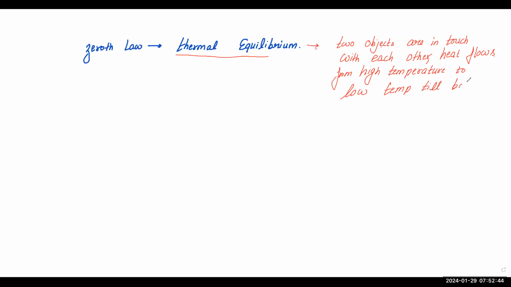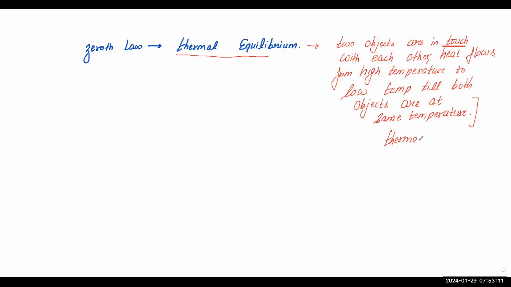Heat flows to low temperature till both objects, which are in touch, are at the same temperature. And this state, when both the objects are at the same temperature, is called thermal equilibrium.